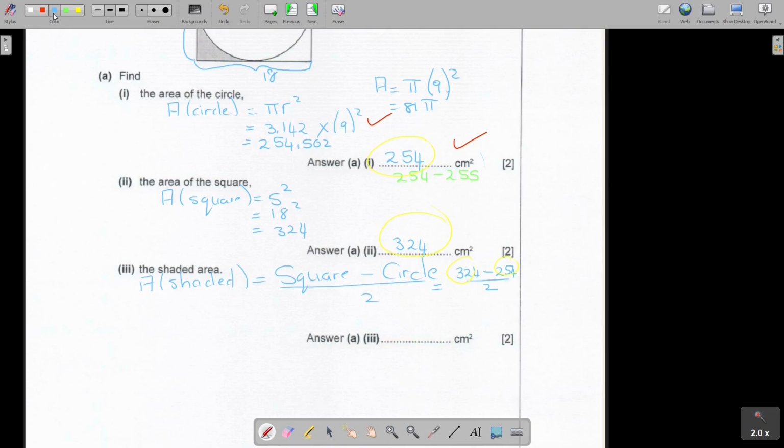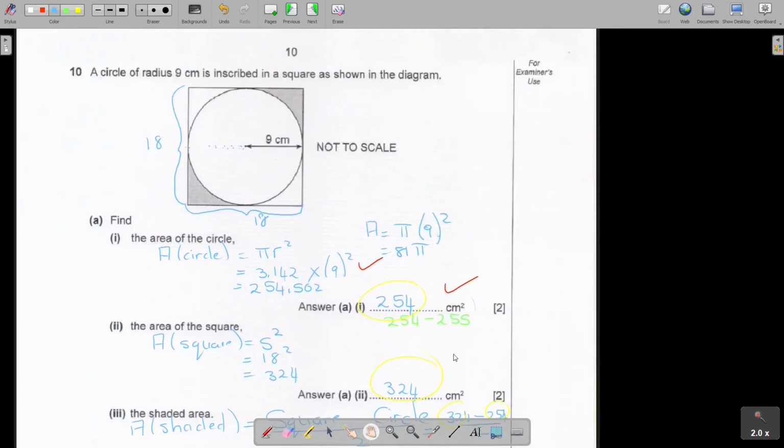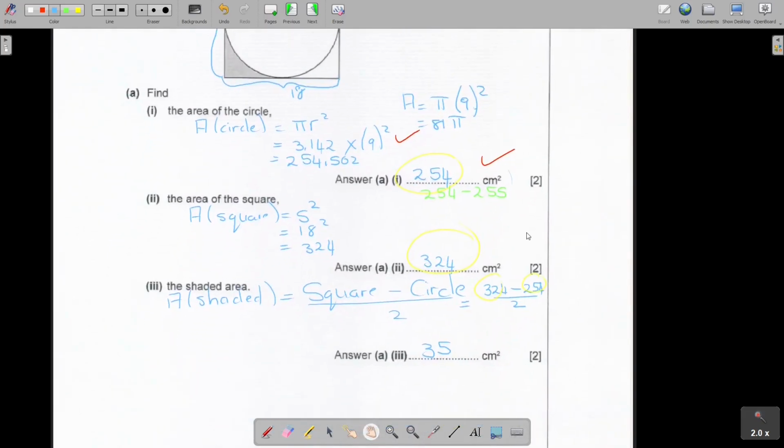Because my answer is exact, that is why it's going to be 35. Meaning that if I was taking this one plus this one plus this one plus this one, all 4, I would have got 70, but it's just half. I divide by 2, I get 35. And again, as I said, 1 mark for your substitution, 1 for your answer. For this one, if they see you subtract, you divide by 2, you get your 35.